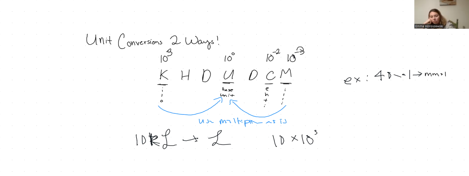Then what you would need to do is 40 times 10 to the third. Like I said, you would flip this sign. So ordinarily it would be negative third, but since you're going outward, you would need to flip it to be positive third.